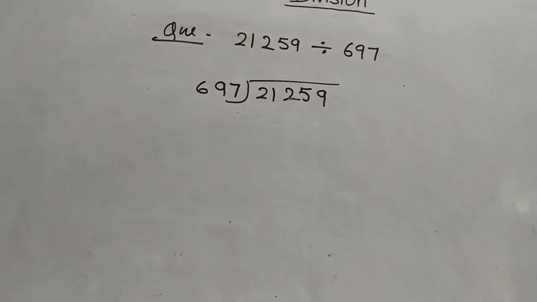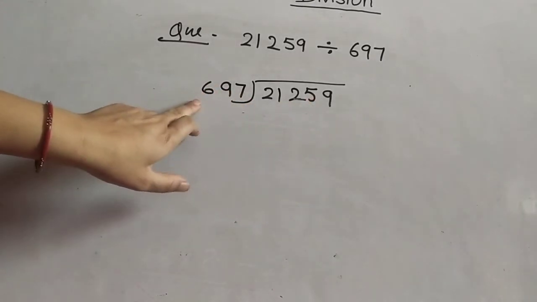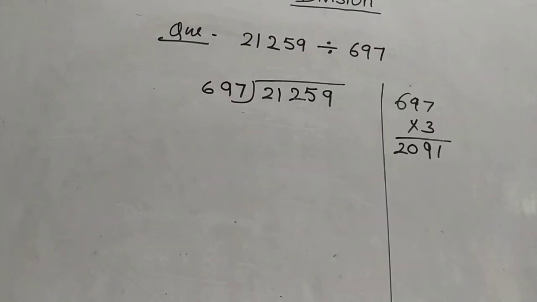So now again the mental calculation we'll do. Remove these 2 digits, remove these 2 digits. So 6 3s are 18, 6 4s are 24, which is greater than 21. So find out 697 multiplied by 3. 697 3s are 2091.